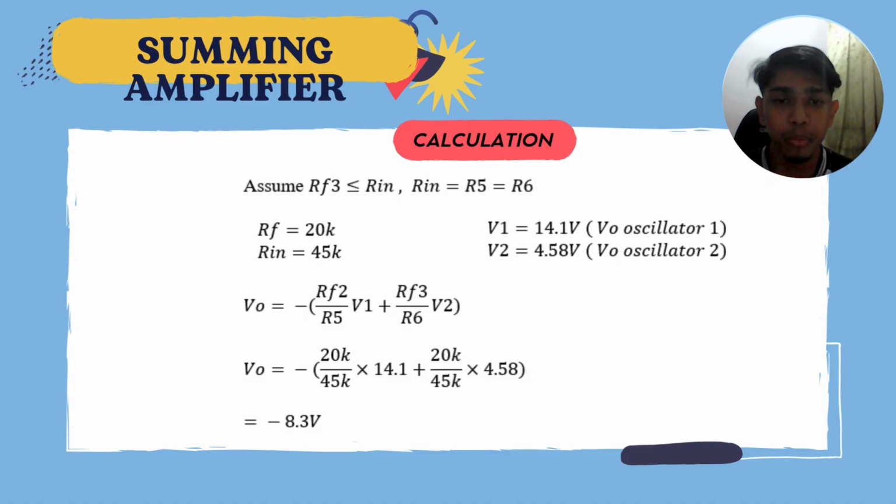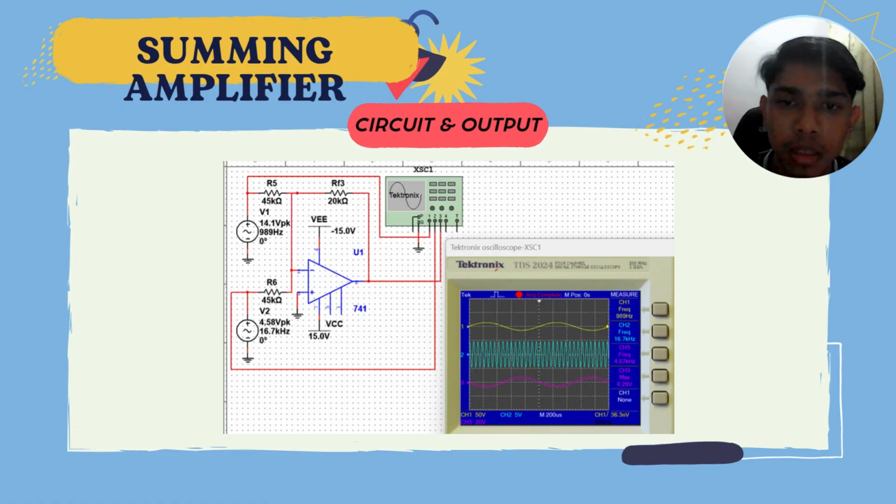So input RF, Rin, V1 and V2 in the formula, and we got the answer negative 8.3 volt. This is the summing amplifier circuit, and this output we got like this.